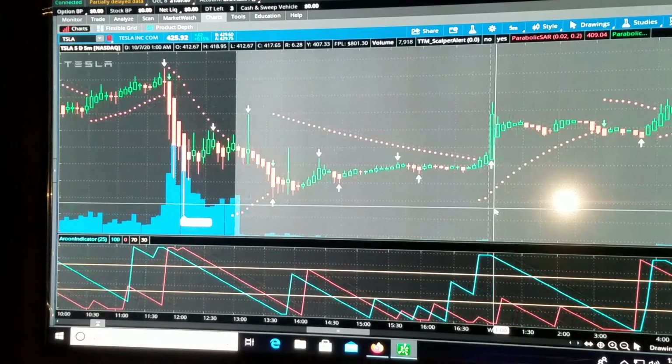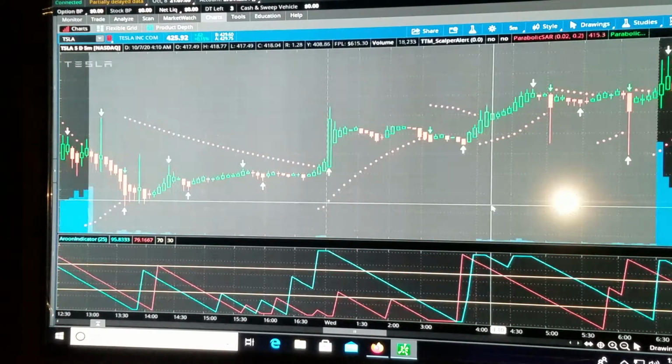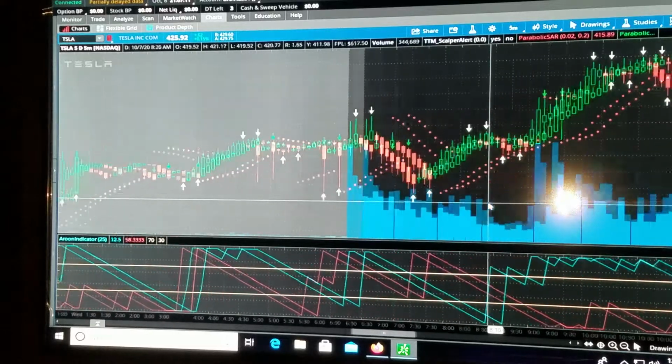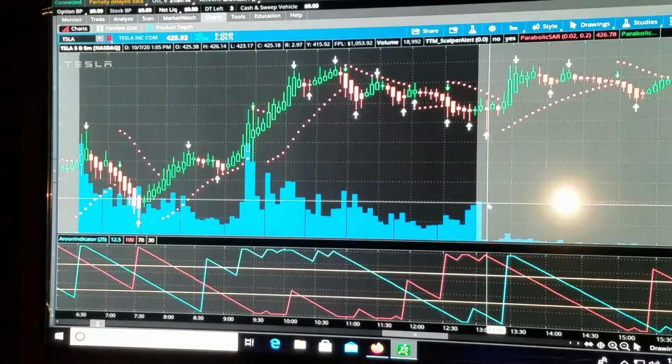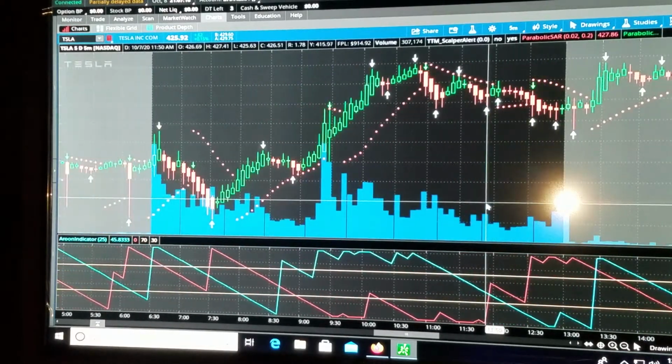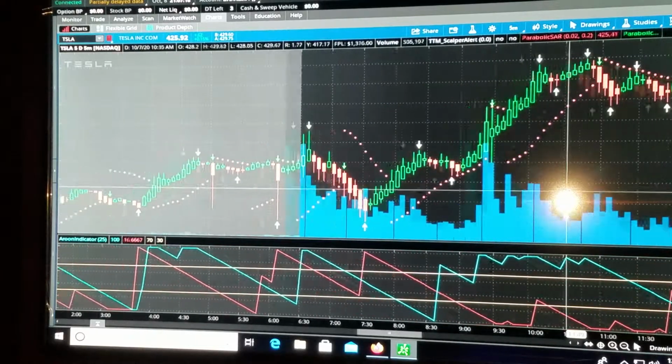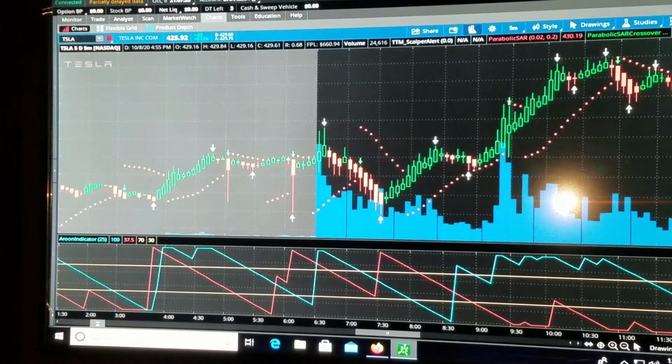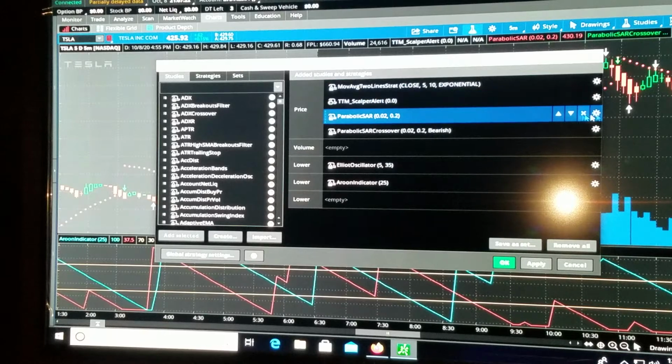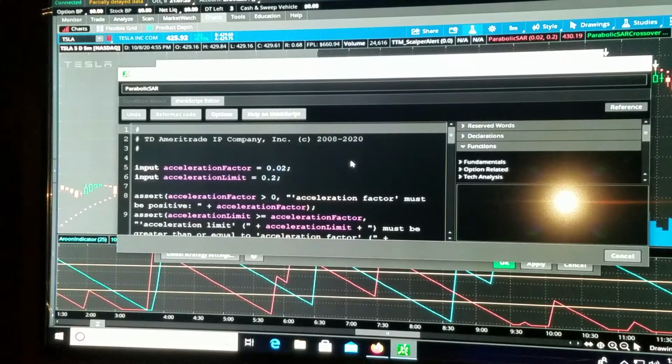Okay, now what we might do is consider our TTM squeeze. Let's go in here, parabolic SAR, right click, view source.